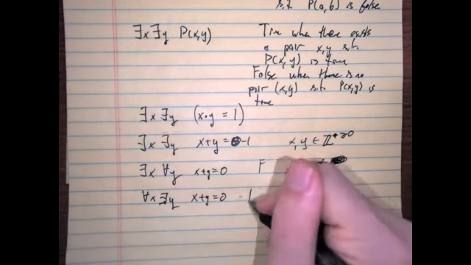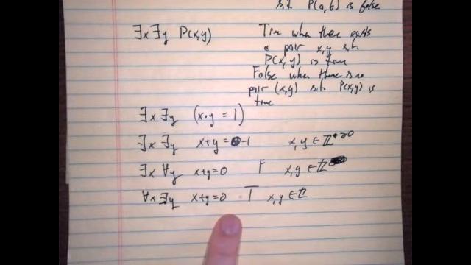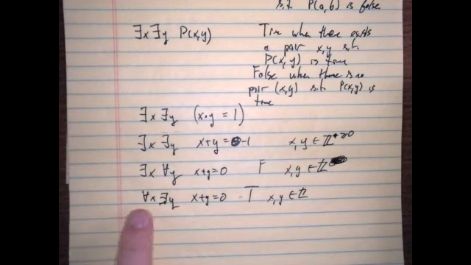This one is finally true, because this says pick an x, then I can find a y such that their sum is 0. Here, there has to be one x which works for every y, but here, for every x, I have to be able to pick a y. Okay, so the order they go in matters.